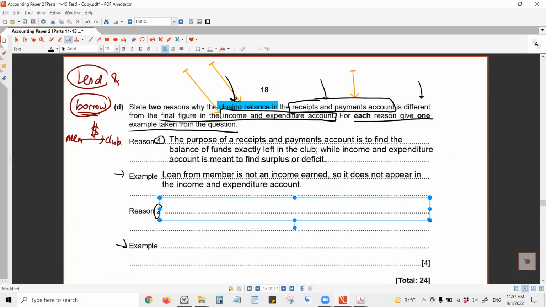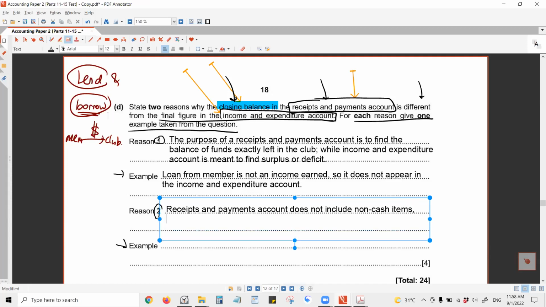So let's write the receipts and payments, and then the examples.